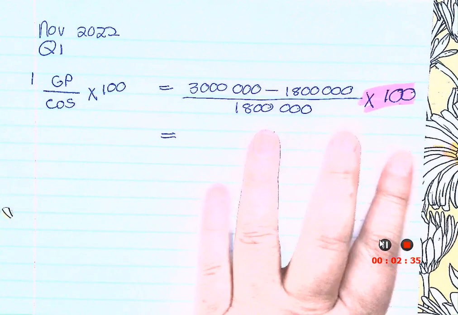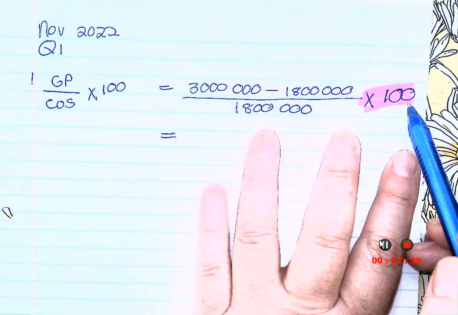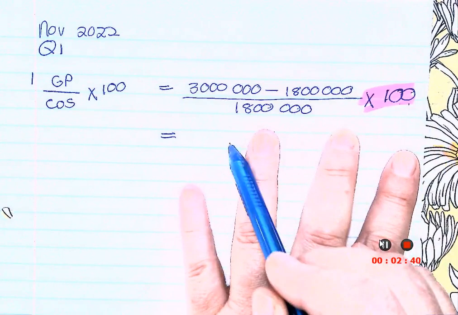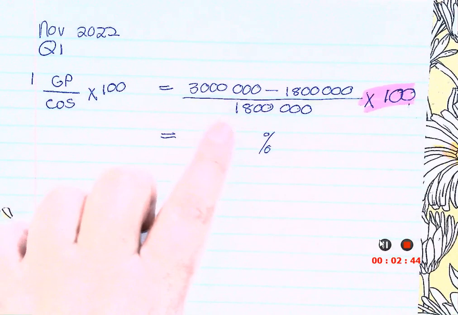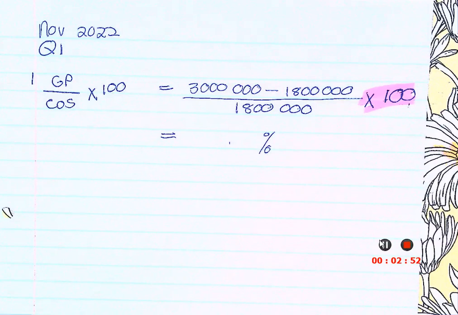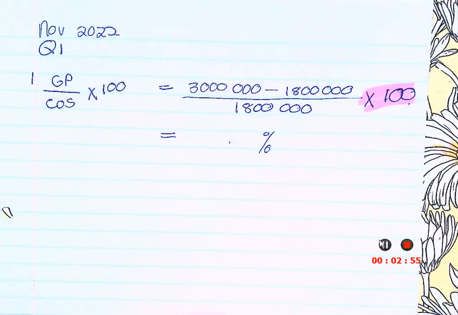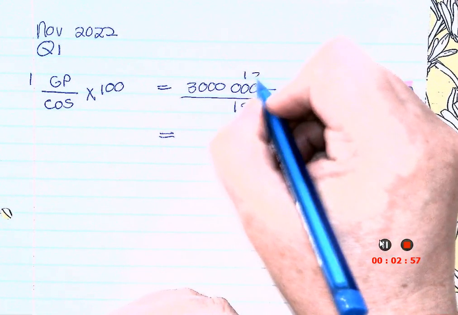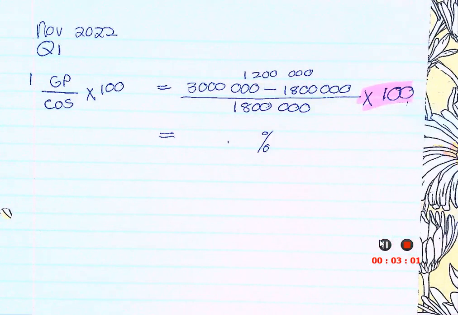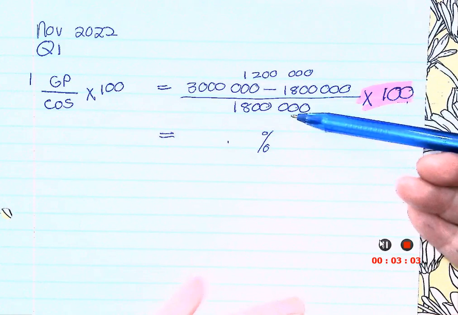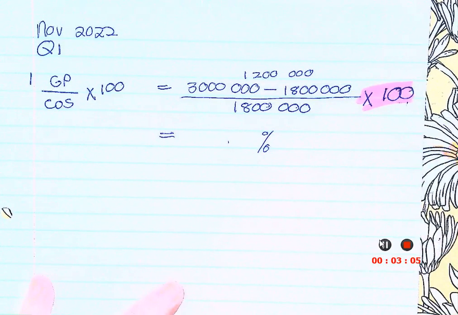But you have to show times 100 to get your principal mark there. Now, since this isn't maths, I'm not going to waste my time by writing the next step as 1.2 over 1.8. What I do is I just quickly write here the difference is 1.2. And then you calculate 1.2 divided by 1.8 times 100, and that gives me what?